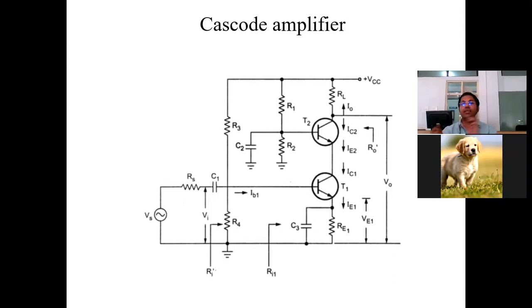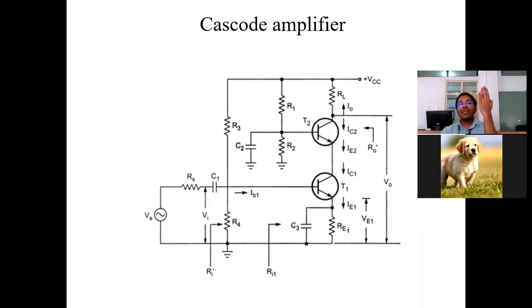Very good, reverse bias. Now, in order to maintain this forward bias and reverse bias, before giving the AC input, the transistor should be in active region.